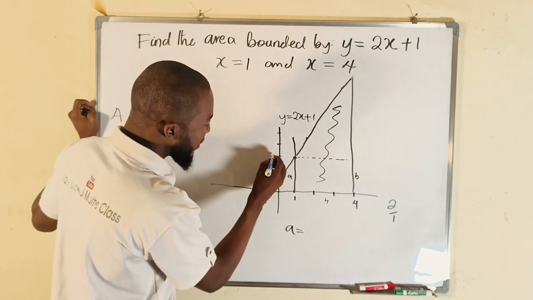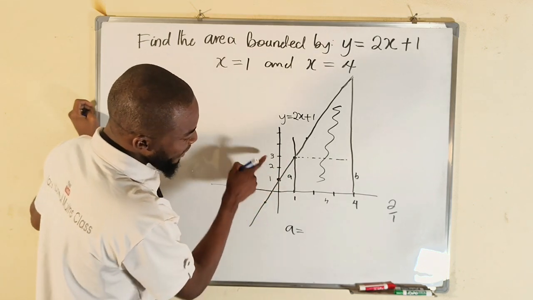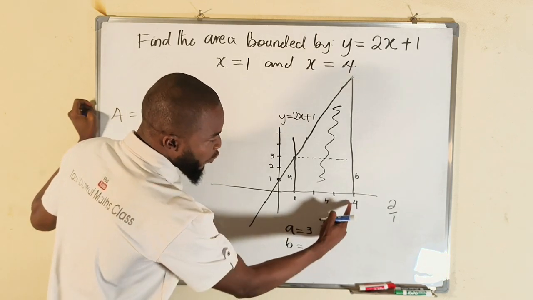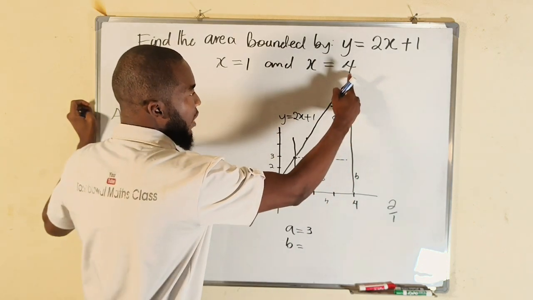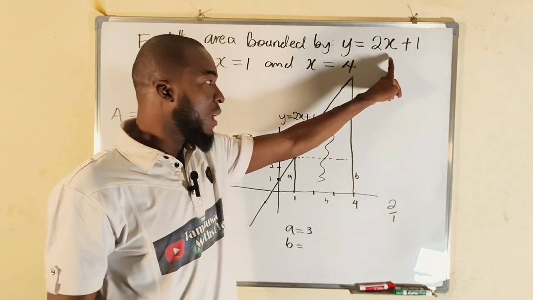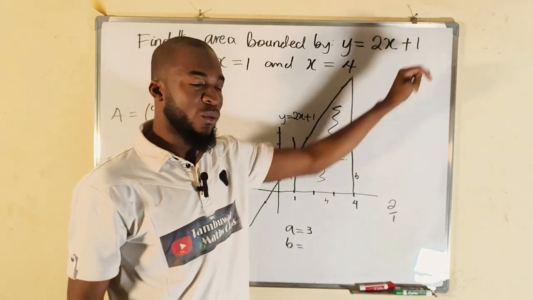So it is at what? 3. Just look at it. This is 2, this is 3. We have 3. And what is B? That is when x is equal to 4. We cannot actually determine the value of y from the graph, but we can plug it here. If you plug in 4 here, it will give us 4 times 2, 8 plus 1, it will give us 9.